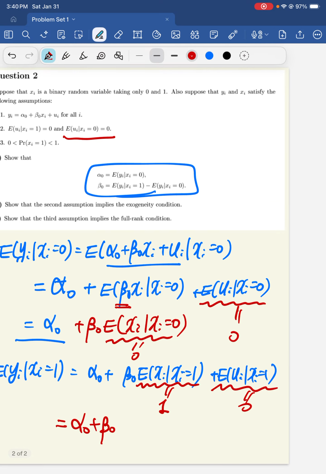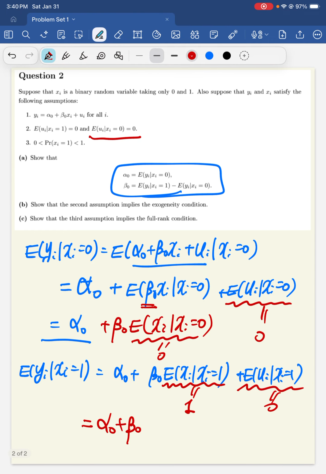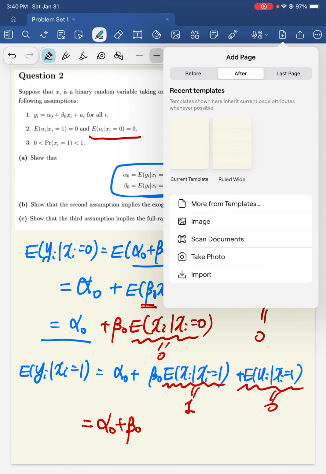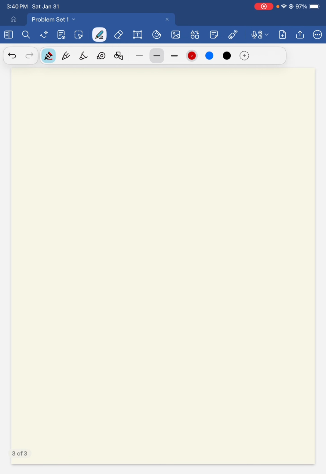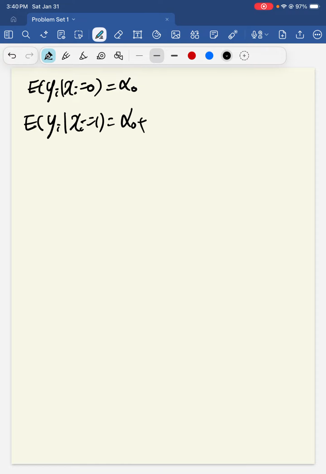That means, let's add a page. So that means we get the expectation of y given x equals 0 is alpha 0, and of y given x equals 1 is alpha 0 plus beta 0.